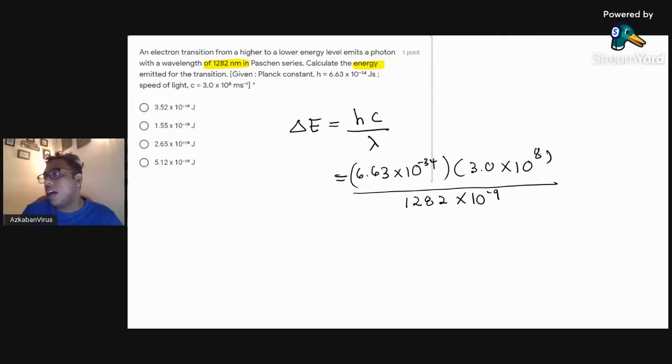We must convert the nano. So this is equal to 1.55 times 10 to the power of negative 19 joule. So the answer is B.